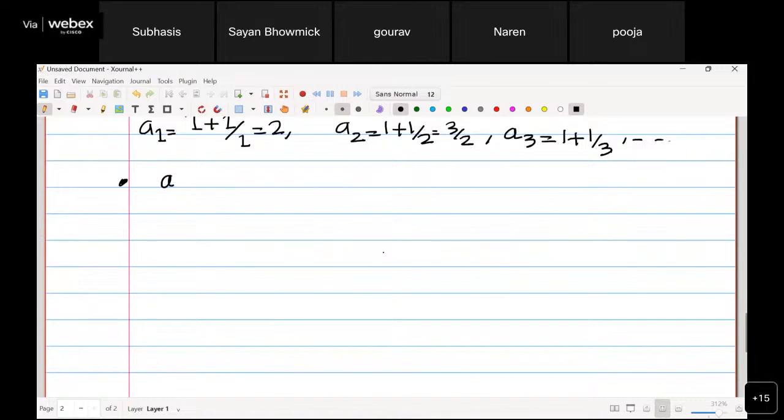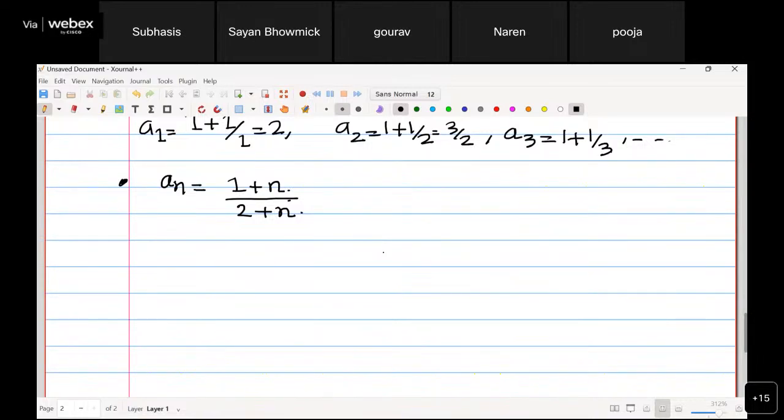So let's say this is my sequence. Now the term of the sequence is basically, let's say, (1 + n) by (2 + n), right? Can you tell me what will be the limit of this sequence?